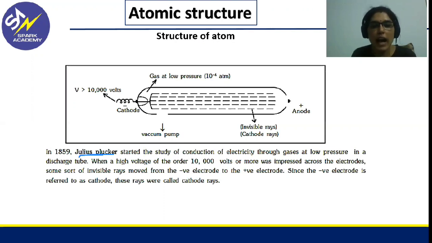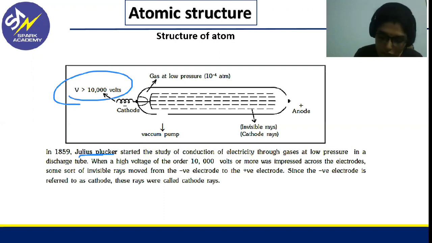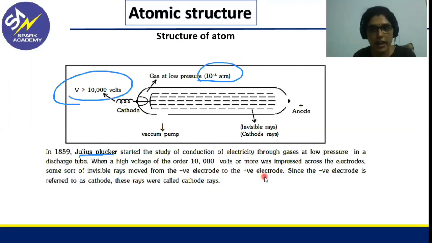Now when a high voltage of greater than 10,000 volts was passed through at a very low pressure of about 10 to the power of minus 4 atmospheres, he observed that some invisible rays pass from the negative electrode to the positive electrode.